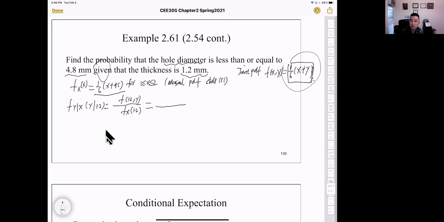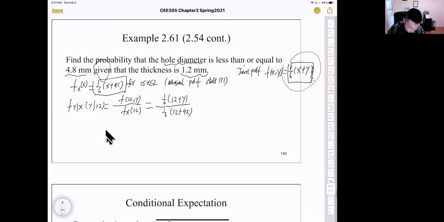So we plug in the joint, 1 over 6 times (1.2 plus y), over the marginal function, 1 over 6 times (1.2 plus 4.5).